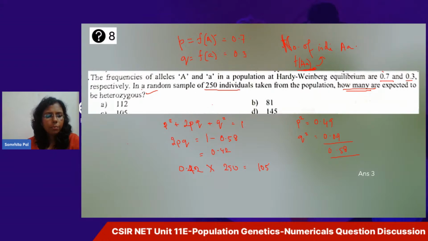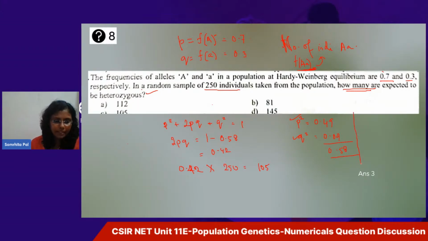Now, one more way of doing this is you can straight away put these values into 2PQ, instead of finding the squares and then getting 2PQ.